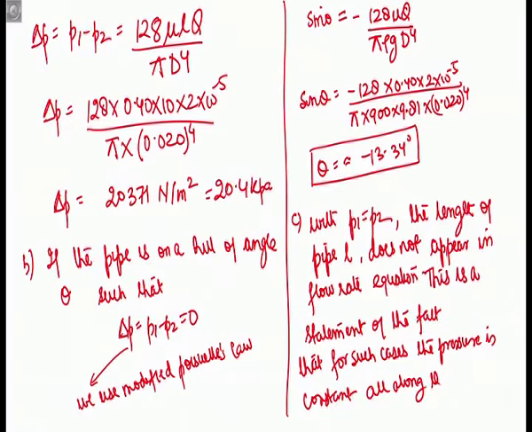See, for part B we said there was no pressure drop, right? That is correct. So that means the pressure is constant all along the pipe. All right.